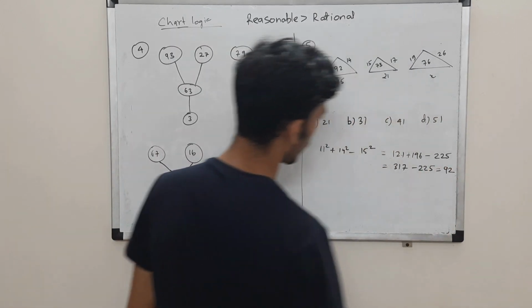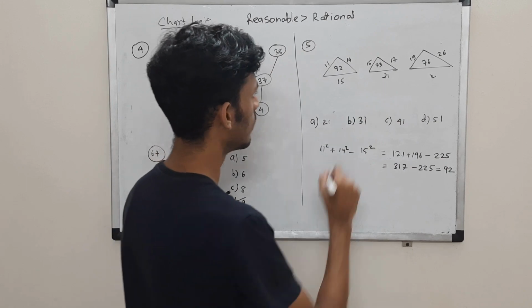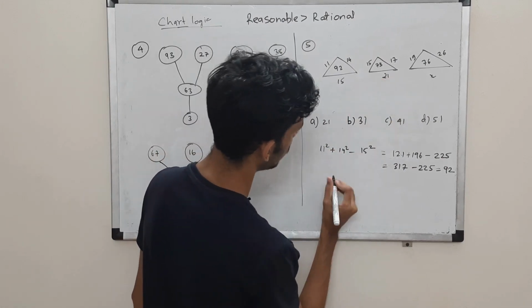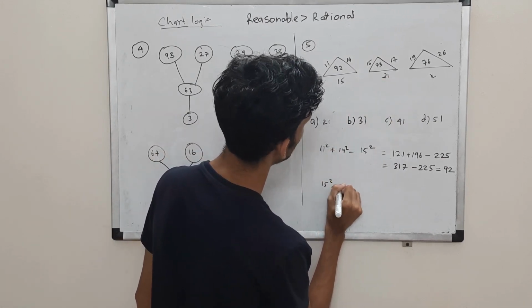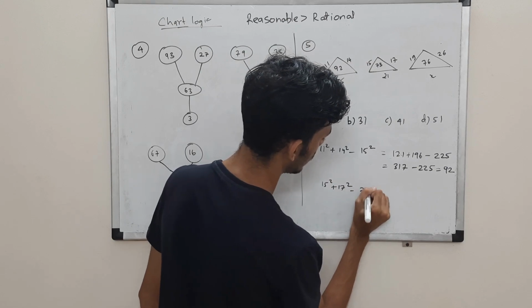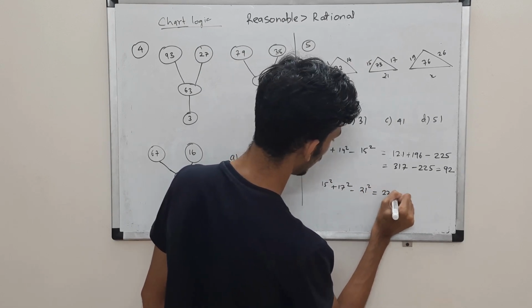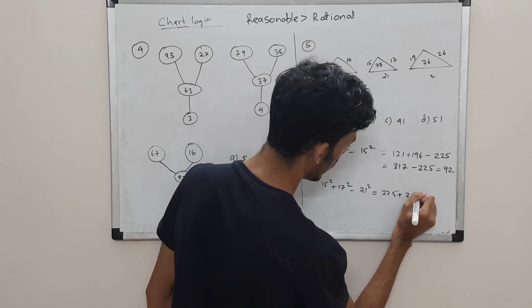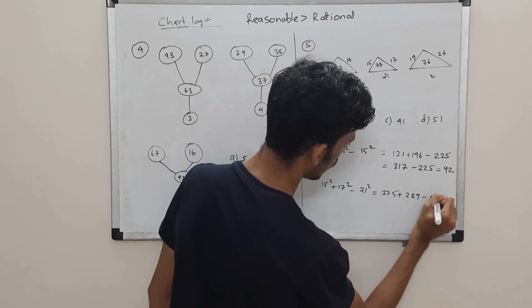Okay, so next if we check for this one it's 15 square plus 17 square minus 21 square. 15 square is 225, 17 square is 289 and minus 441.